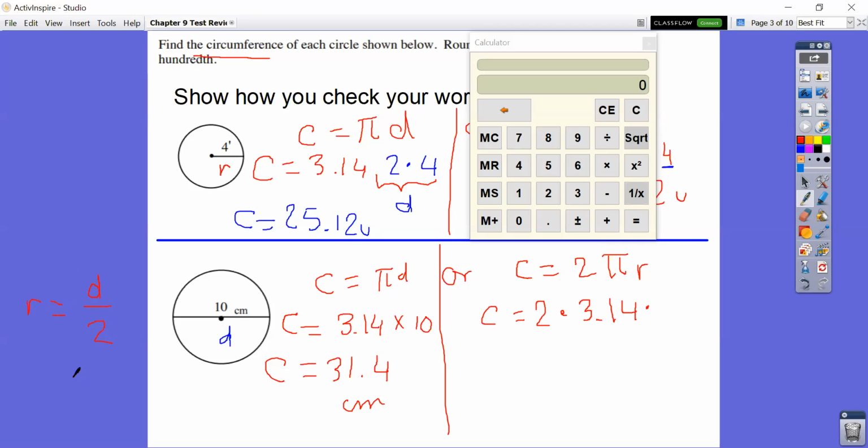If diameter is 10, what is half of 10? So radius is 5. That's why you plug in radius times 5. 2 times 5 makes 10. So it's the same thing as 2 times 5 makes 10 right there. It's the same answer. C equals 31.4 centimeters. Okay, let's move on.